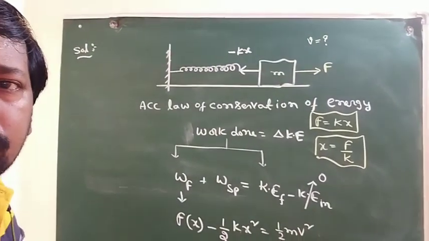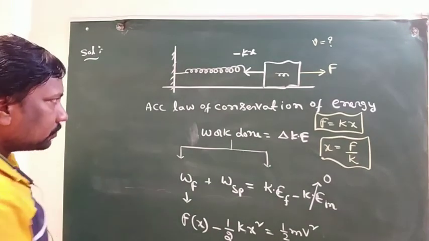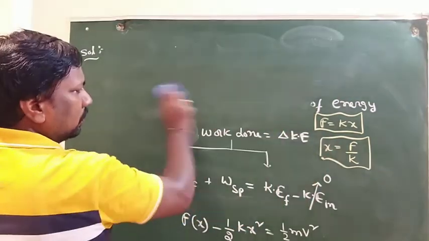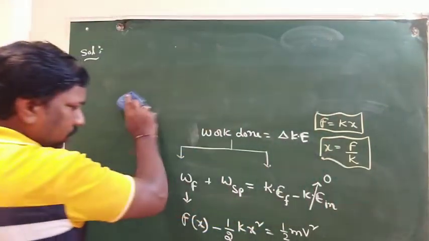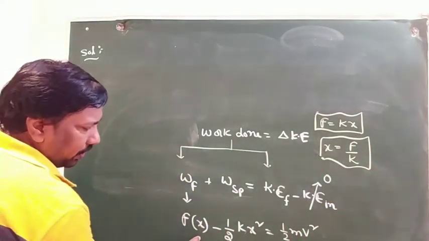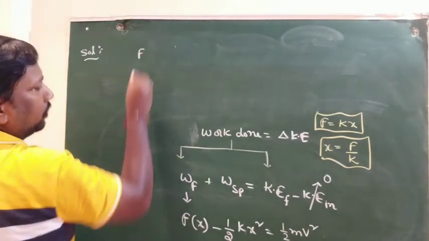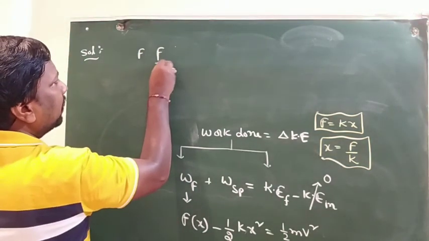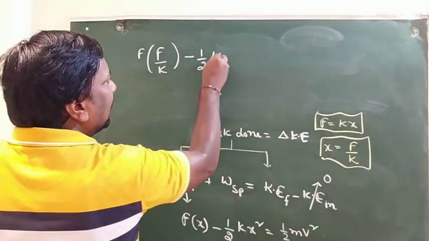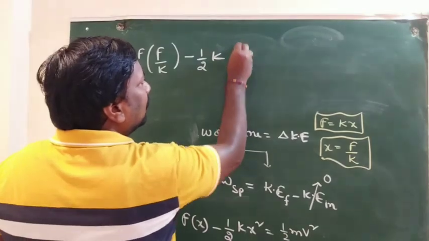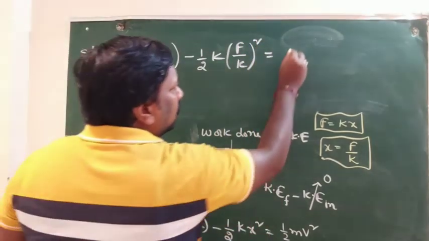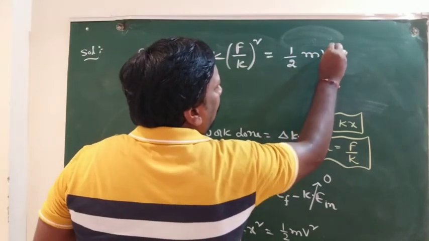Now this x is substituted in the equation. F into x means F by K, minus k times x squared by 2, where x is F by K, whole squared, is equal to the final kinetic energy, half mv squared.